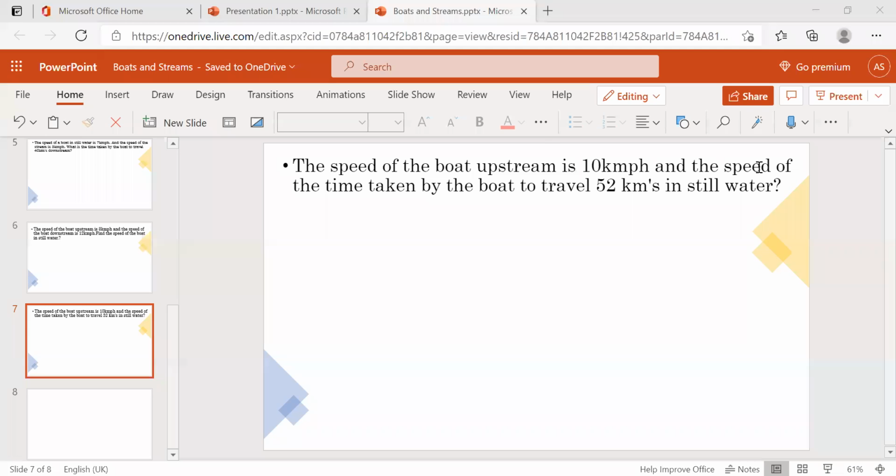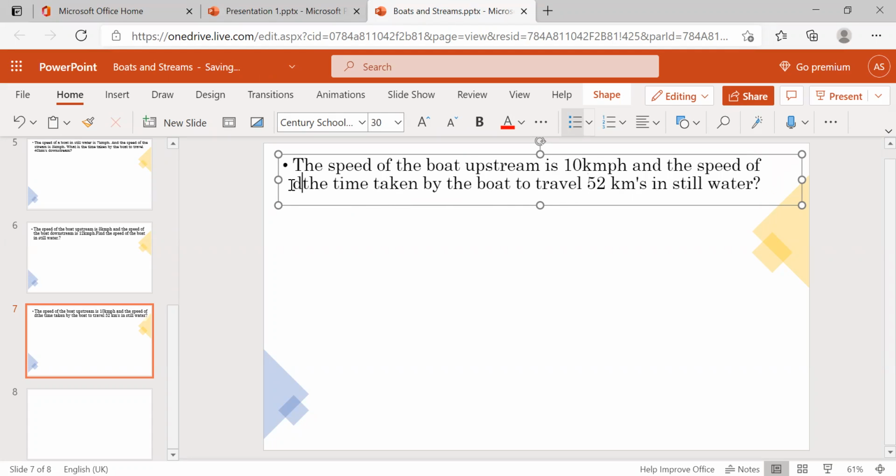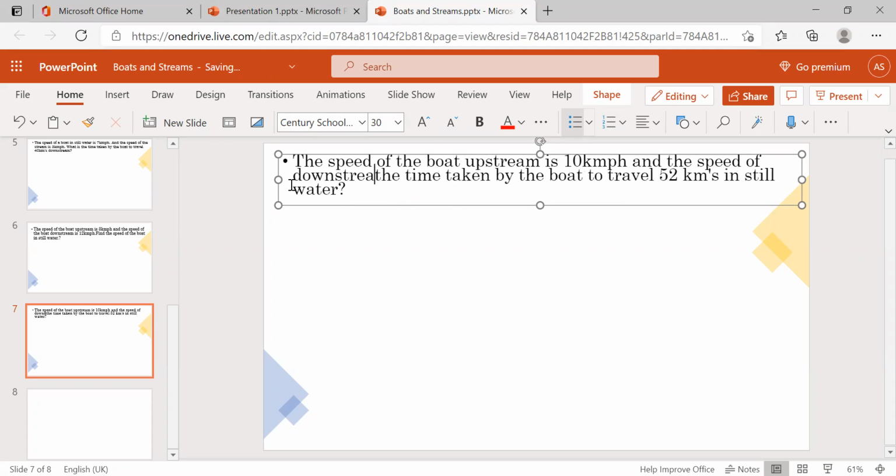Yeah, see the question here: the speed of the downstream is 16 kilometers per hour. Then find the time taken by the boat to travel 52 kilometers in still water.